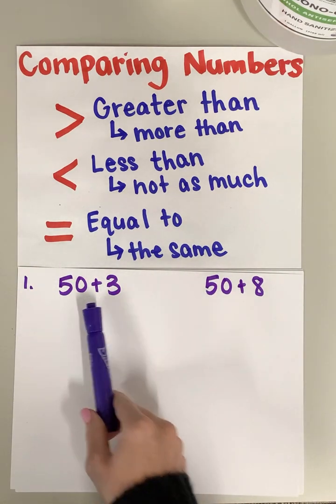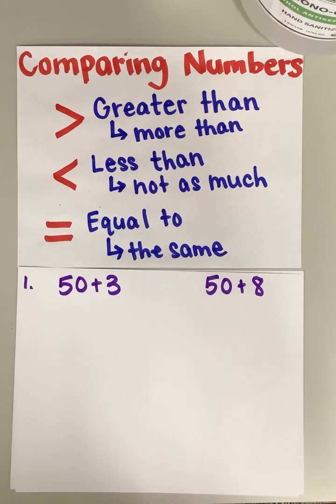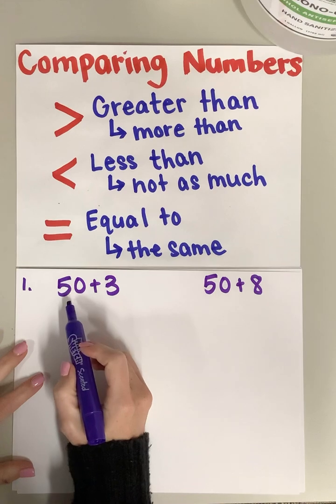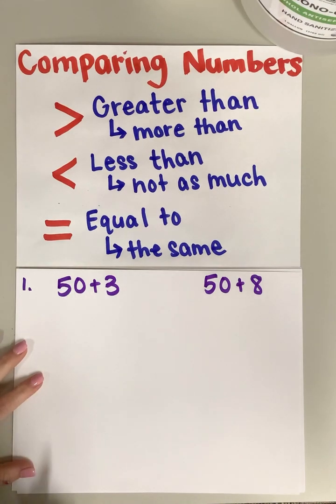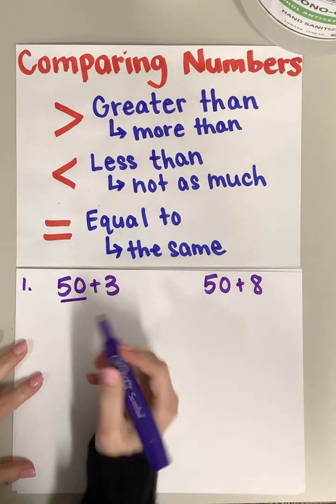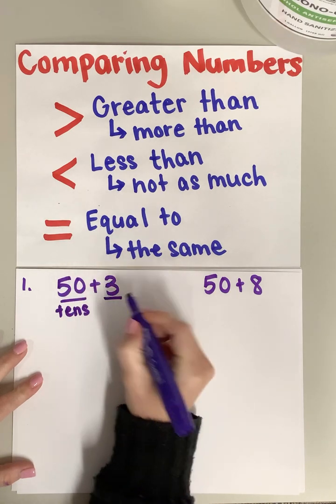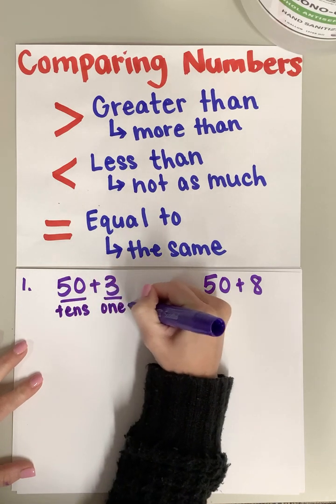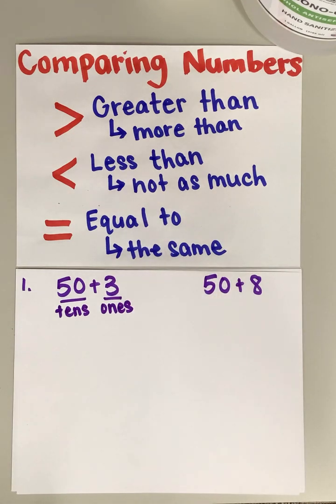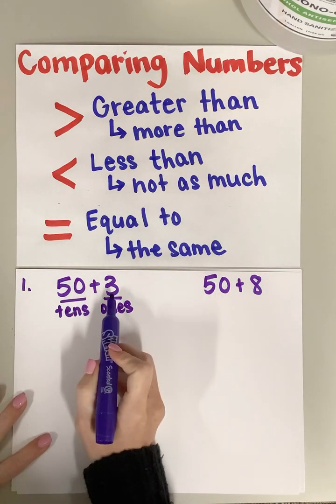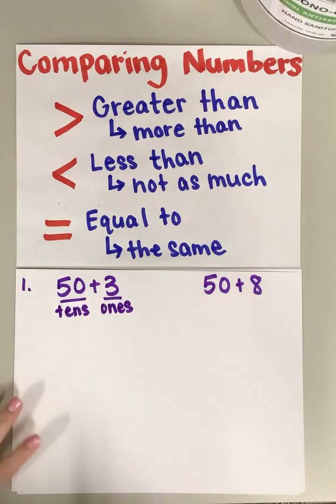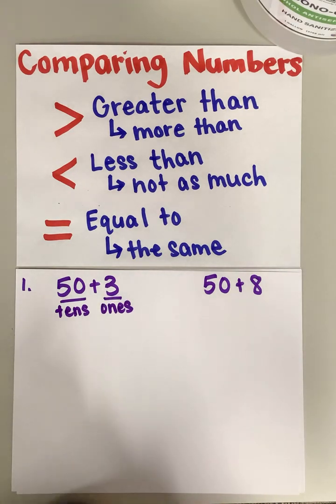We can compare numbers in expanded form as well. Let's practice. If I have 50 plus 3, I know that this is our tens place and this is our ones place. I have to add together 50 plus 3, and the sum, or the answer to that, is my total number.